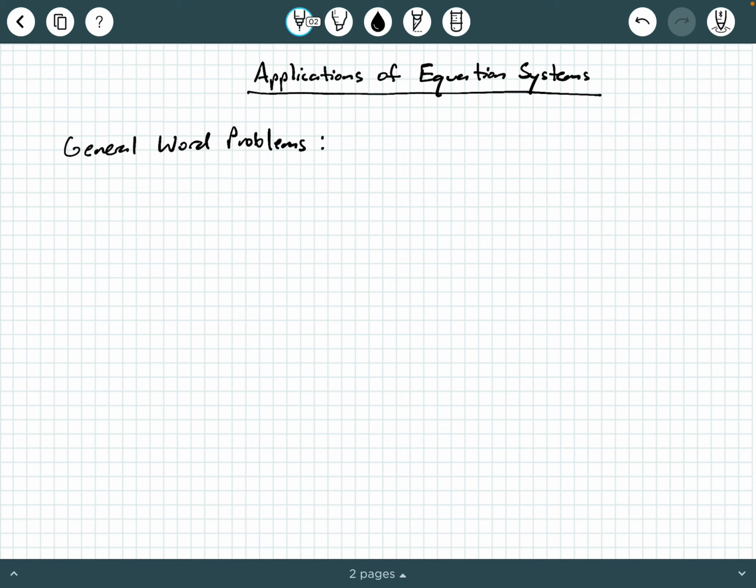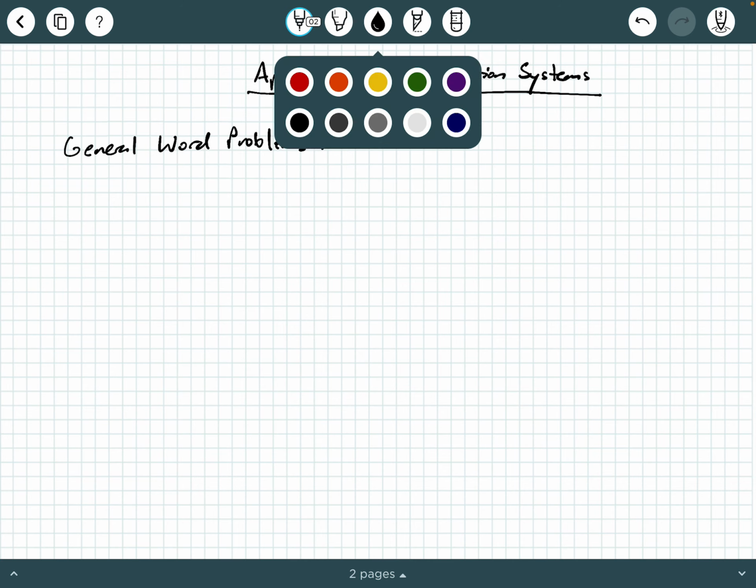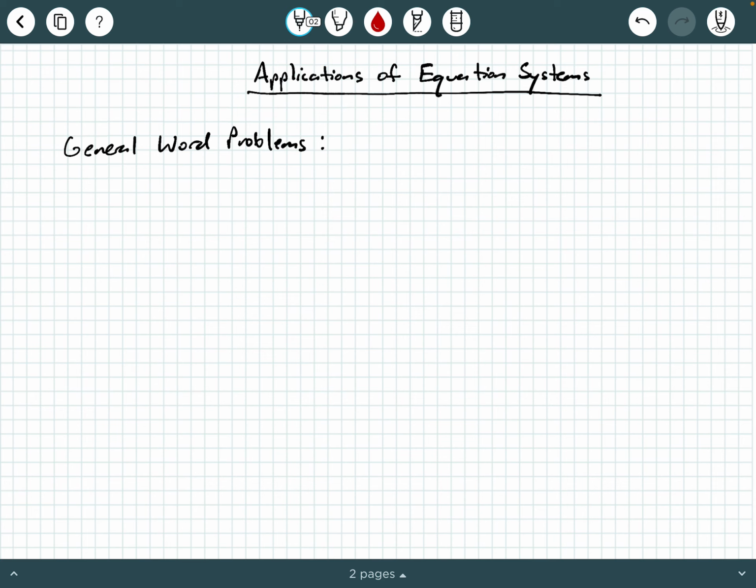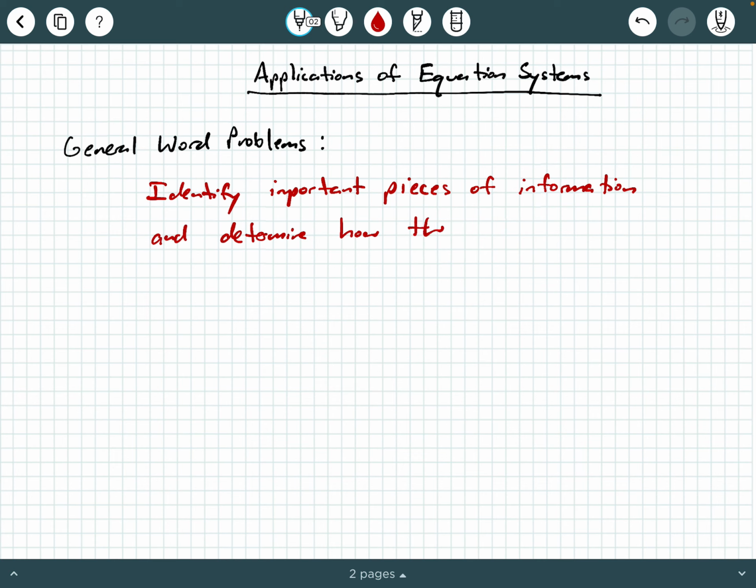Now, the key is identifying pieces of important information in the word problem. So when we're dealing with word problems, you must identify important pieces of information and determine how these pieces are related to each other.